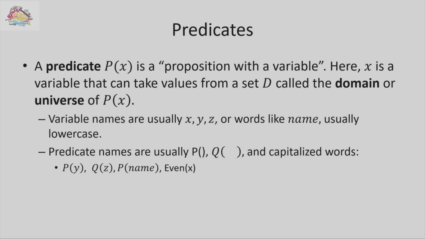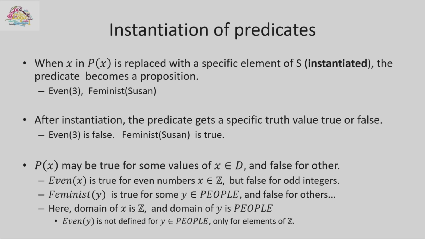And by the way, the names really are just names. They don't matter. If you take P of x and change it to P of y, well, you just change the name. Unless that x was used somewhere else to mean something, and you want to make sure you're using the same name because you want to refer to it elsewhere. So by itself, P of x is not true and it's not false because we don't know what x is.